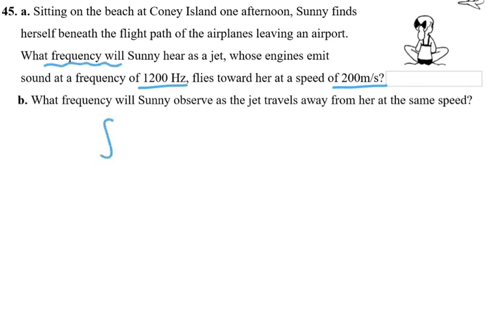So again, the new frequency is equal to the initial frequency times the speed of the sound, which is not mentioned, so it's the speed of the sound plus or minus the velocity of the observer. The observer is not moving, she is listening to the sound.